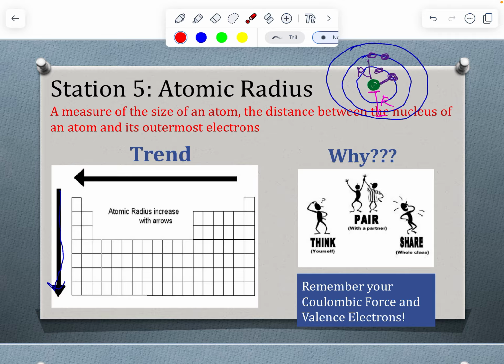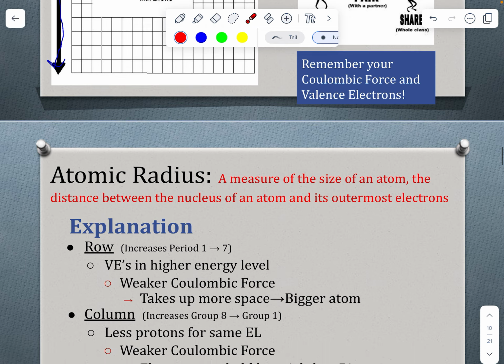So if you haven't yet, think on your own what would explain this in terms of Coulombic force and our valence electrons. If you're ready to go on, keep going with me. Otherwise, feel free to pause the video and think about this.